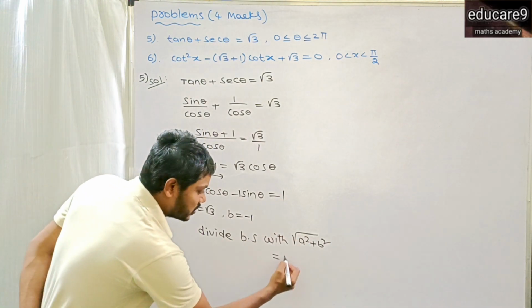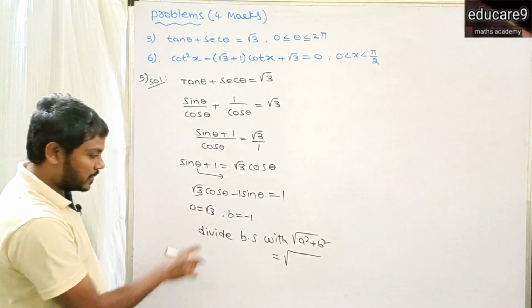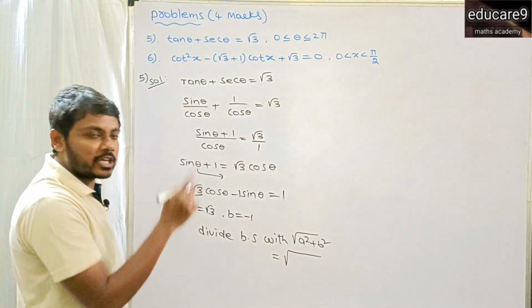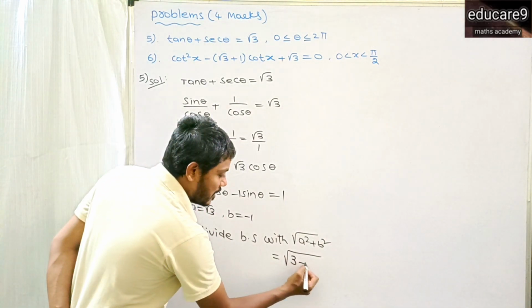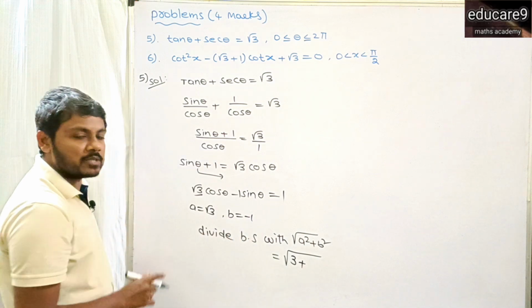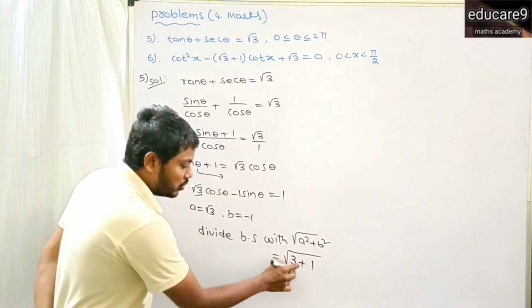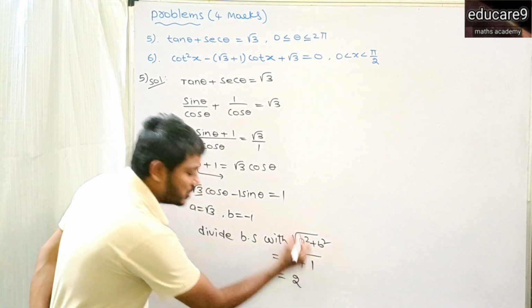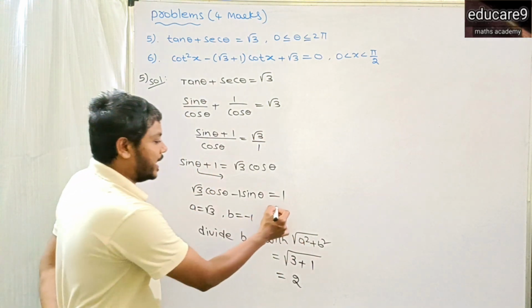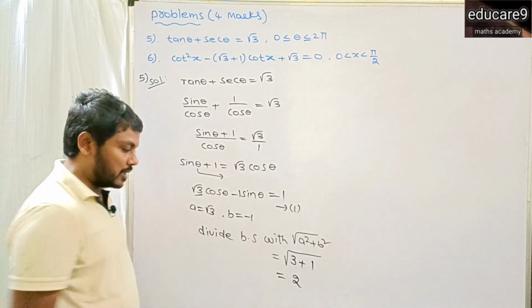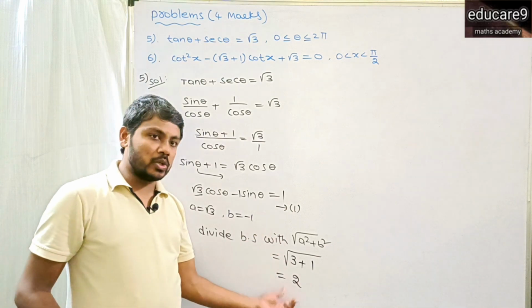So that is the square root of, what is a? Root 3. Root 3 whole square means 3, plus b square, that is minus 1 whole square, which becomes 1. So root 4, and clearly this value is 2. Now we can divide equation 1 on both sides by 2.